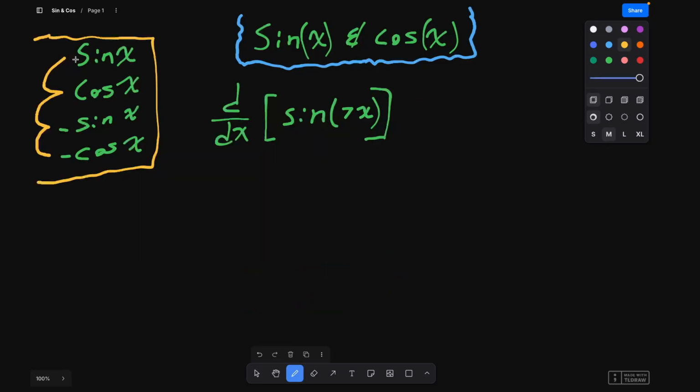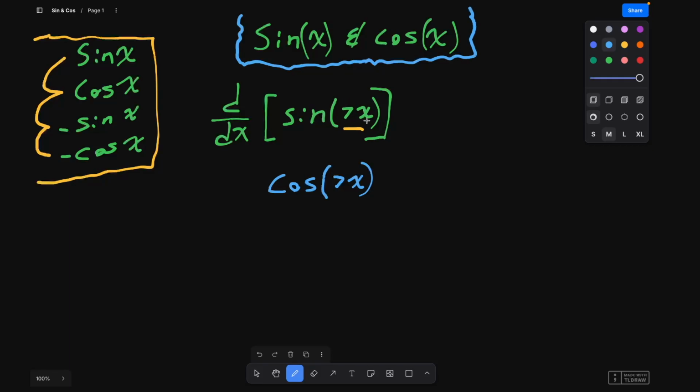With our order of derivatives on the left here, and remembering that we have to take a chain rule of the inside, try taking a derivative of sine 7x. To do this, we know that the derivative of sine, if we look at our table on the left, is cosine. And then we have our inside function, which we bring down, and then we multiply by the derivative of the inside function.